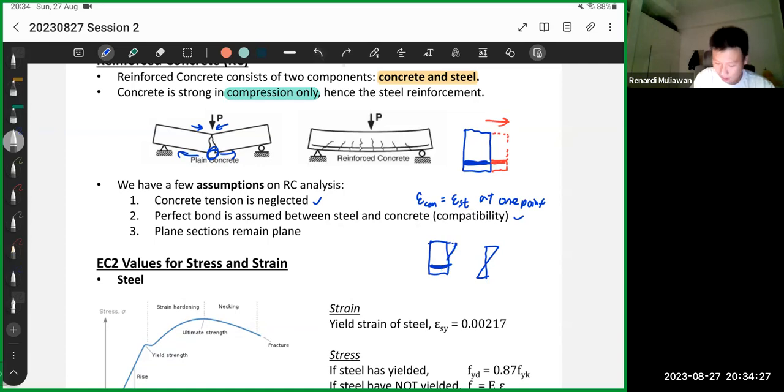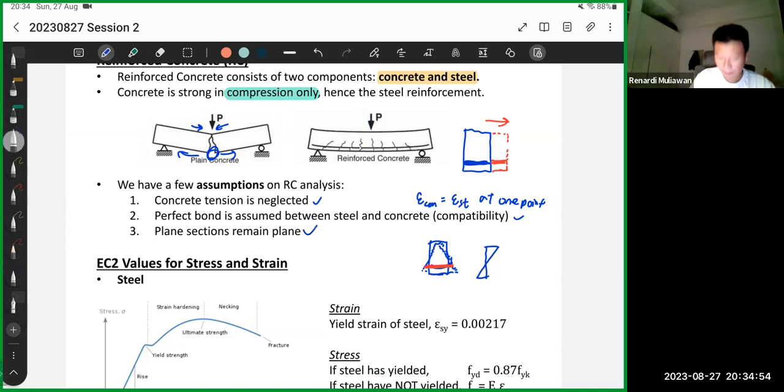The top part will compress, the bottom part will expand, something like this. It's a bit exaggerated, but basically since the steel is here, it will expand by the same amount. When you pull the concrete, the steel also gets pulled by the same amount.